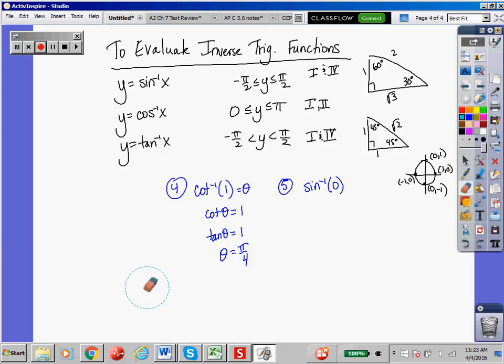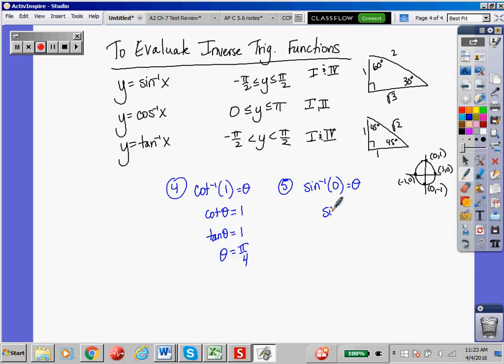All right, what is inverse sine of 0? Well, this one is not in either triangle, but it is on the circle. And here's where you have to be careful. There's not two answers, because inverse sine is negative pi over 2 to pi over 2. So you can't get the one over at pi, because that's not included.